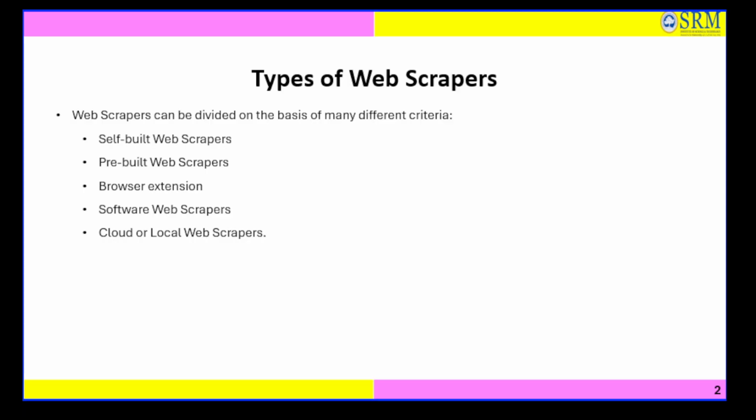First we'll discuss self-built web scrapers. Self-built web scrapers require advanced knowledge of programming, and if you want more features in your web scraper, then you need even more knowledge. On the other hand, let's say we use pre-built web scrapers, or previously created scrapers. They're already there. You just download and run them easily.